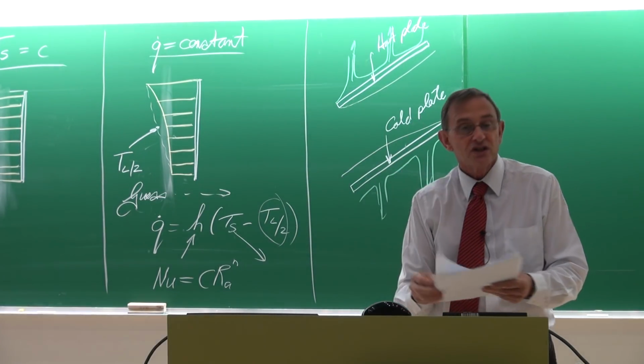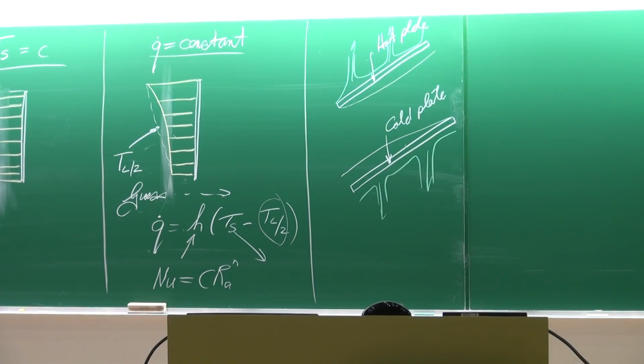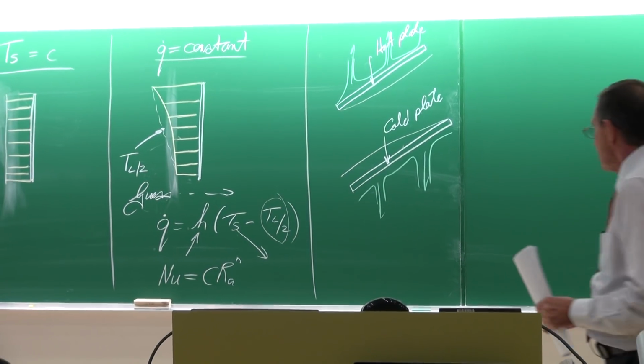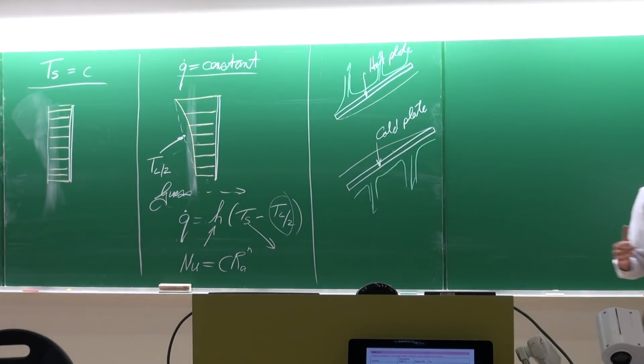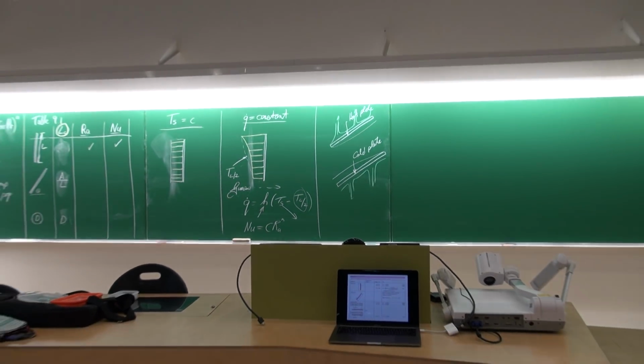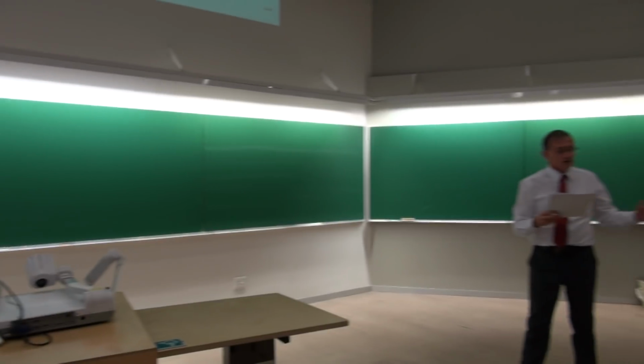And those correlations are not given in your textbook. However, it is available in literature. Okay, that is some of the most important theory that we need for natural convection. Let's look at an example.